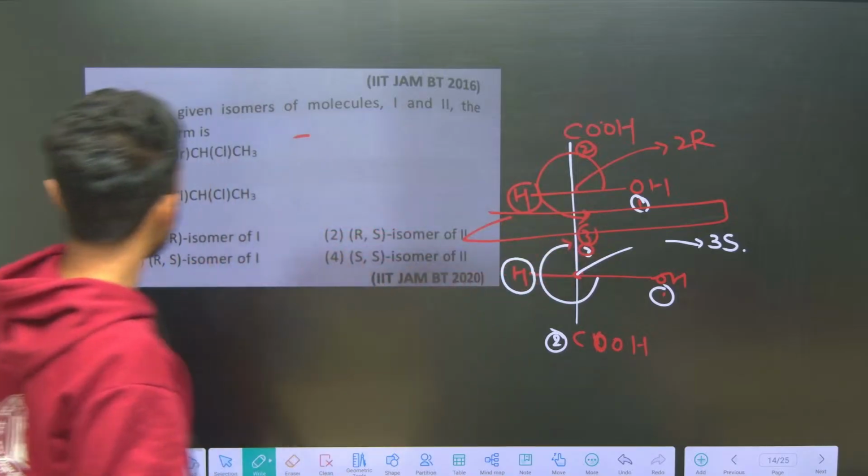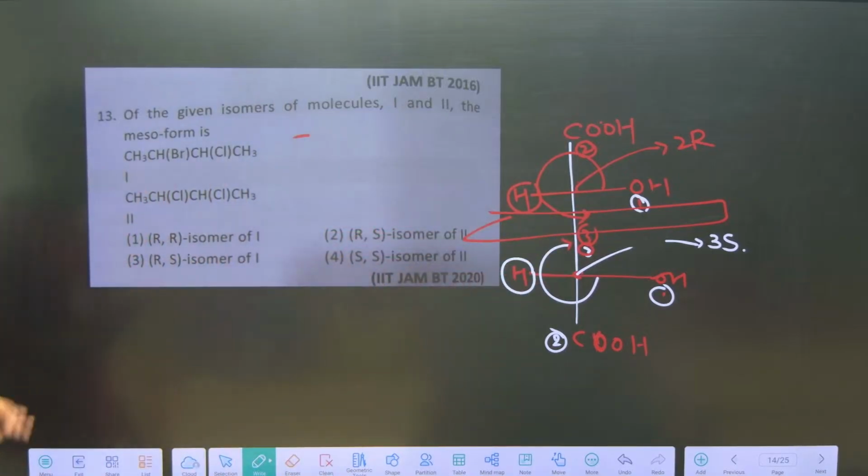Okay, now answer this question from 2020. Of the following given isomer molecules, 1 and 2 are mesoforms. These two should be mesoforms. In order to make them mesoforms, how should the configuration be?